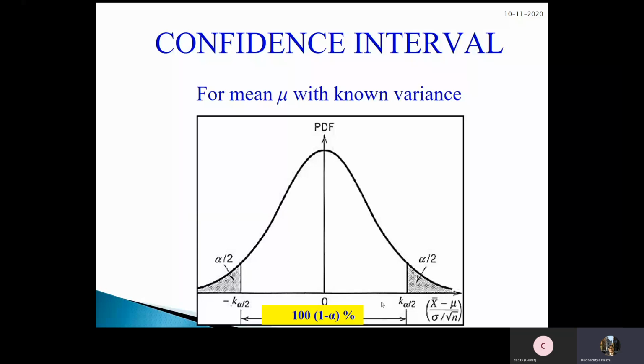Your 1 minus alpha is the confidence interval, and as you can see, the quantiles are expressed by alpha by 2 and alpha by 2 on both sides, and the corresponding values on the data axis are k alpha by 2 and minus k alpha by 2, right?